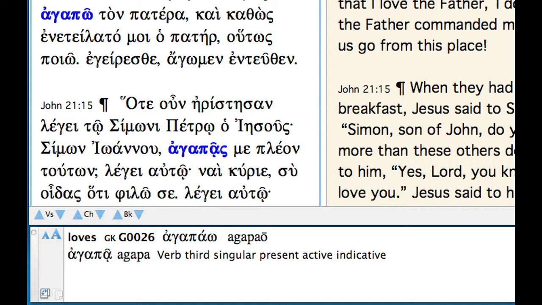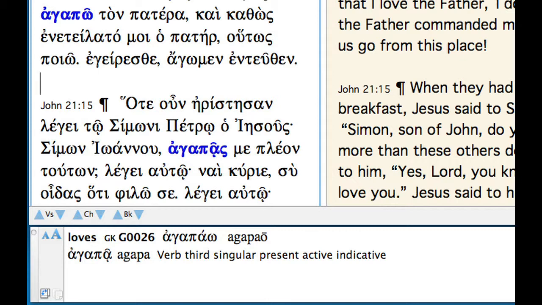If you have purchased the GNT, there's a second line underneath it. And what that second line is showing you is the inflected information. So the first line is dictionary information, lemmas, and the second line is inflected information. So the inflected form, in other words, the form that agapao actually takes in John 3:35 is agapa with an iota subscript.